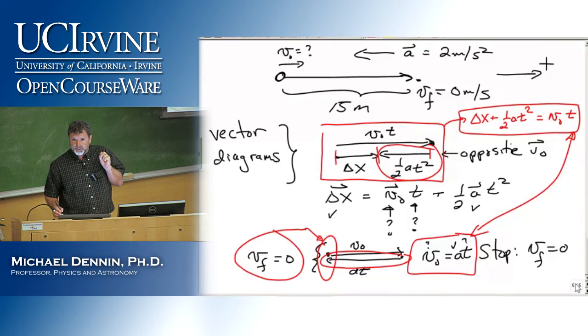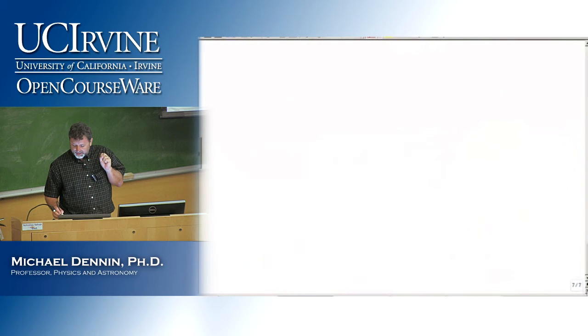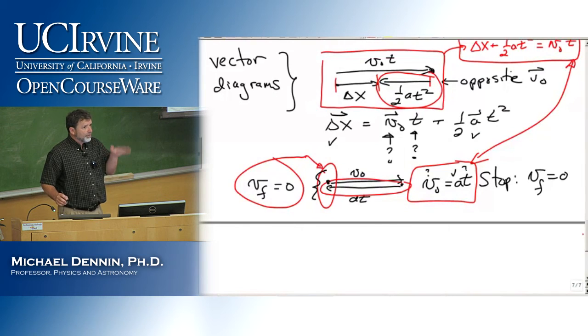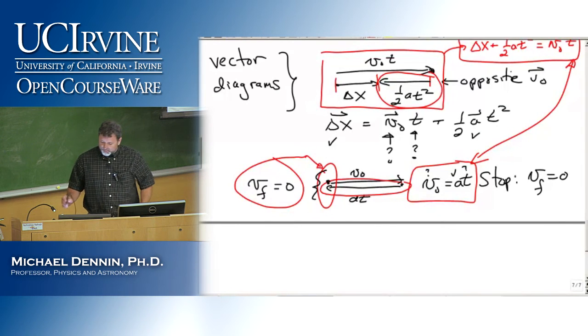Any questions on those three things? Again, it may not make immediate sense right now, but as you go back and look at it, work over it, do the homework problems, this will make a lot more sense.